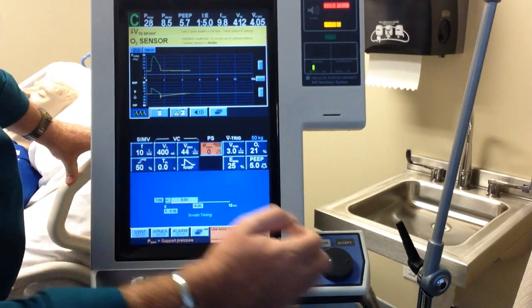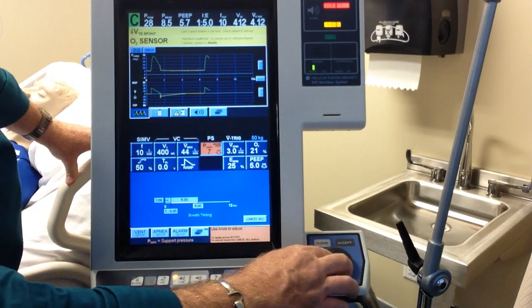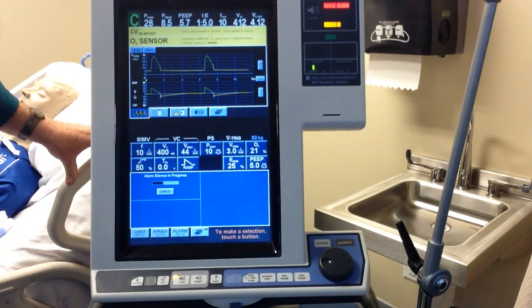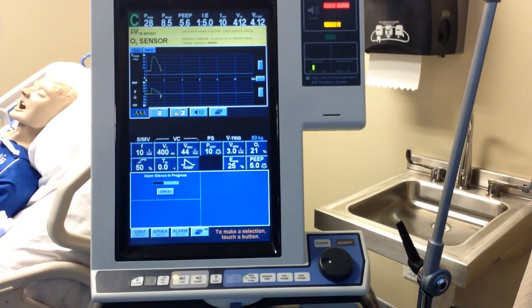What I'm going to do now is add 10 of pressure support. If you remember our last spontaneous breath, and then I have to accept, our last spontaneous breath was 123 cc's. So we have an assist, and also take a look at your waveforms.